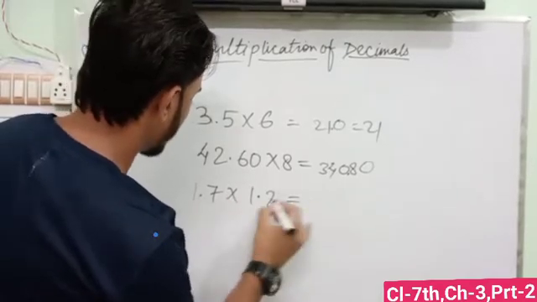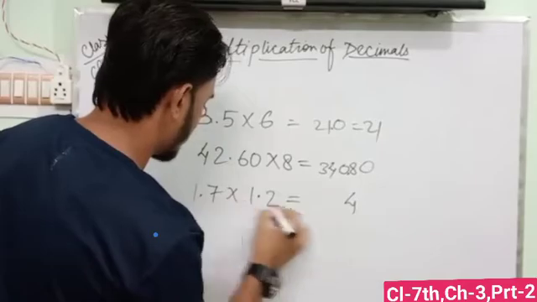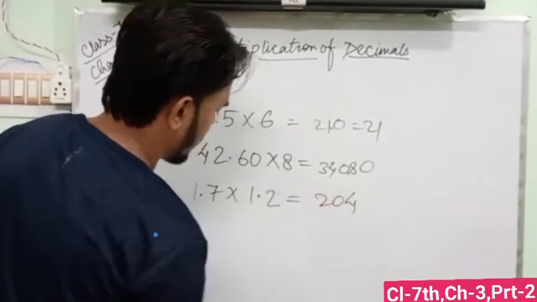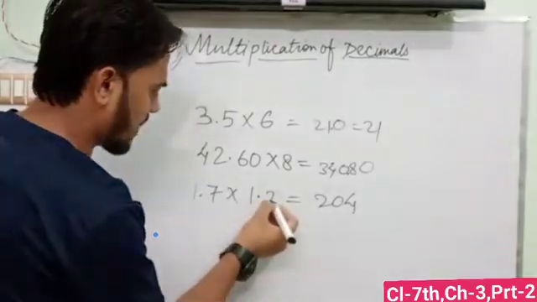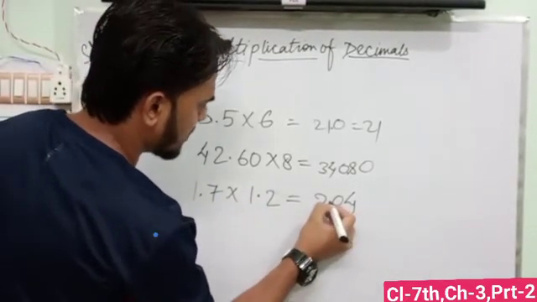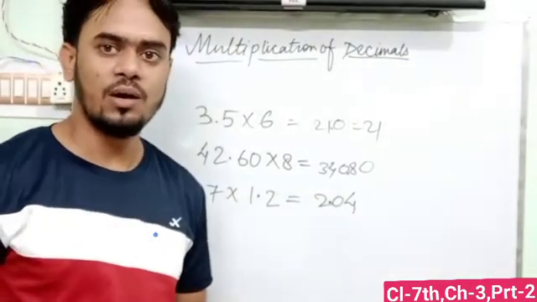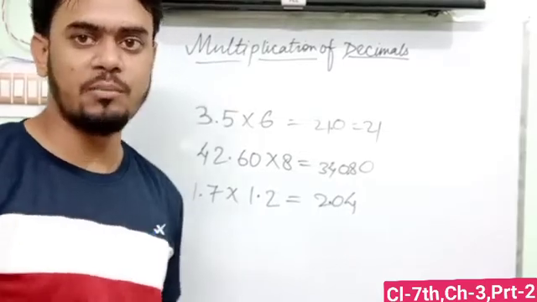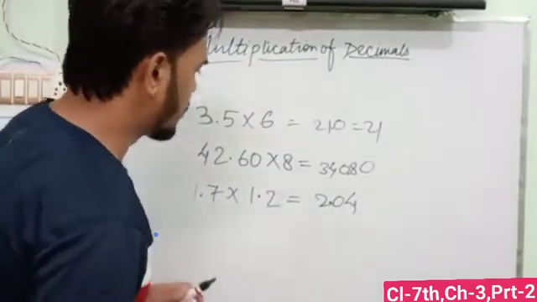You get 204. Now count the number of digits after the decimal: here 1, and 1, then 1 2. Put the decimal after 2 digits. So with this step you can multiply a whole number with a decimal number, or a decimal number with a decimal number. So let's note down.